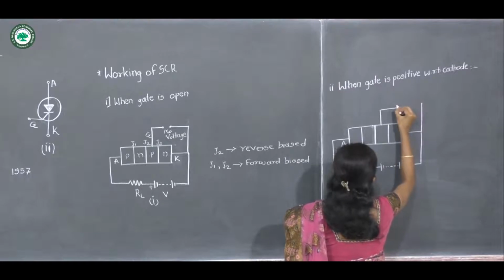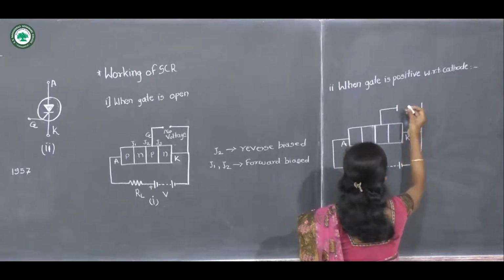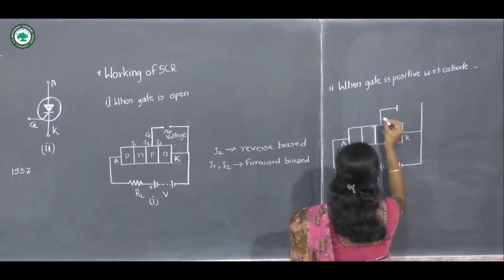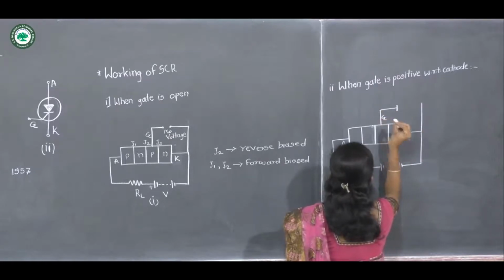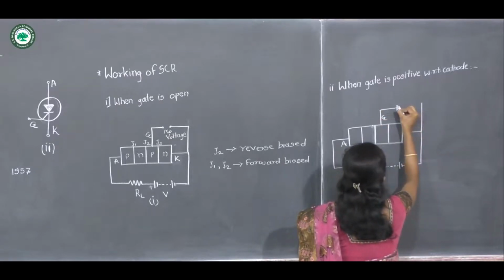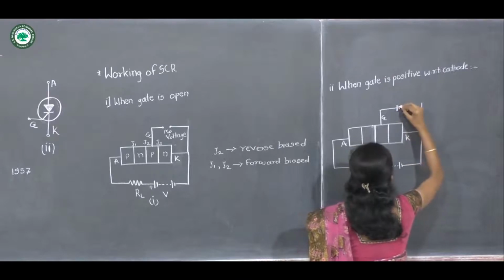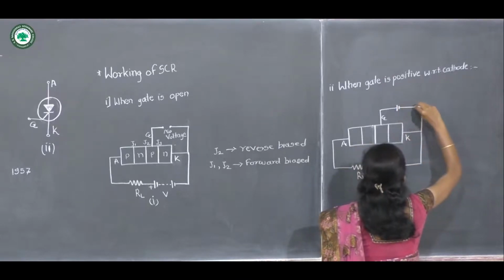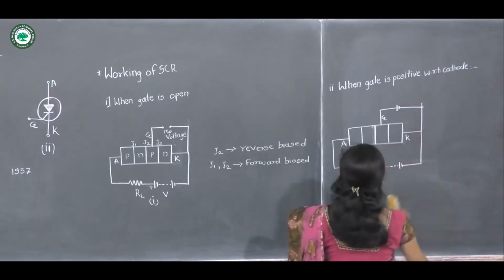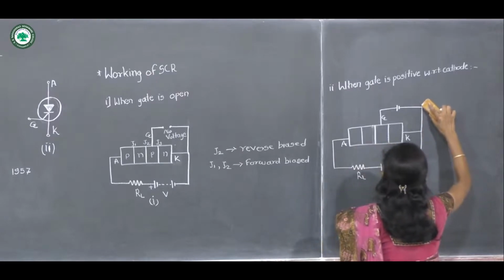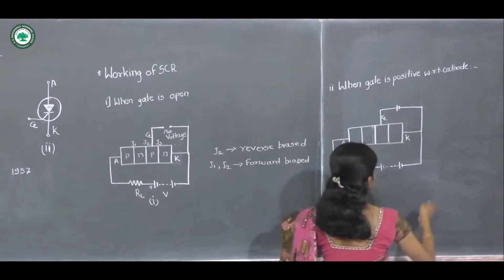So here the positive terminal of the battery is connected to the gate terminal and the negative terminal is connected to the cathode. So this is called the gate terminal being positive with respect to the cathode terminal.